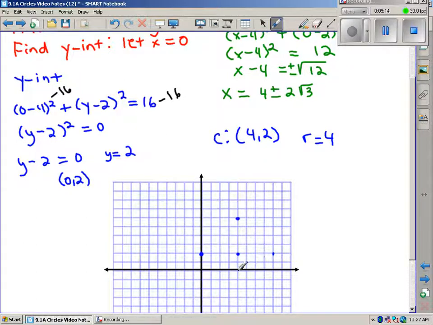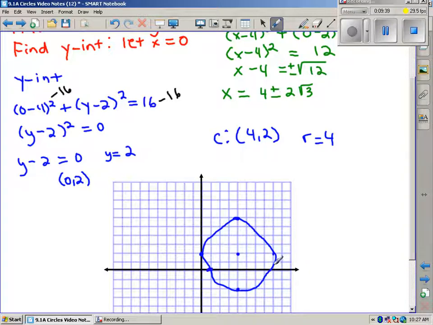Now, I have a very hard time drawing figures with this airliner that I'm using here, but I'm going to go ahead and try and draw a circle here. Pretty bad, huh? Whoop, that's terrible. But look at where our x-intercepts are. They're right here.